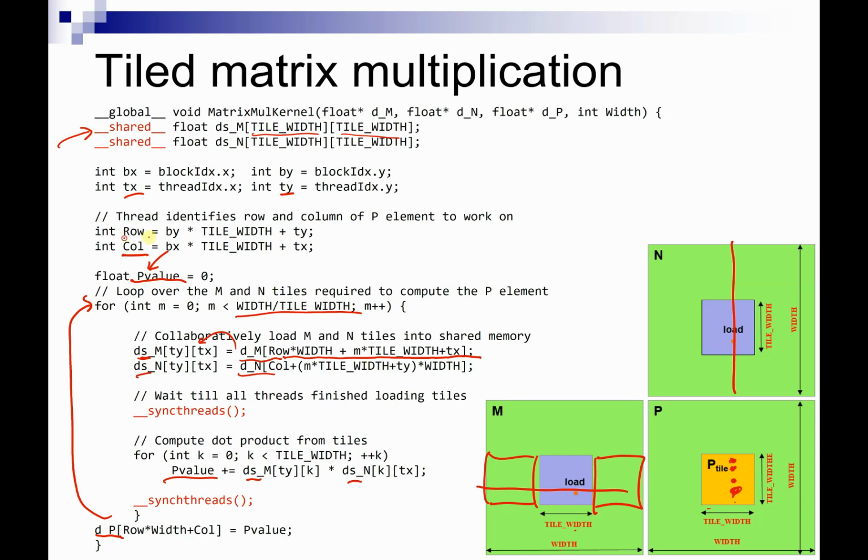So these things here, bx and all this stuff, are stored in registers. This stuff, because we prefix it with shared, is stored in the shared memory. And this stuff here is memory that was allocated by the CPU, and that's global memory.